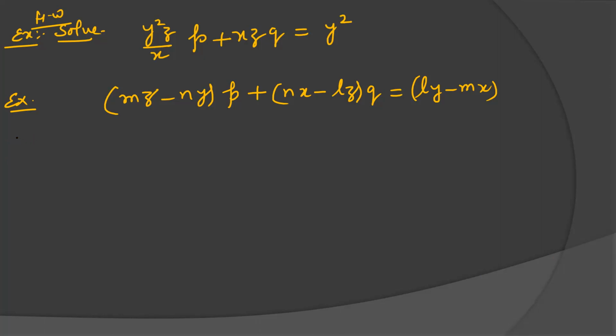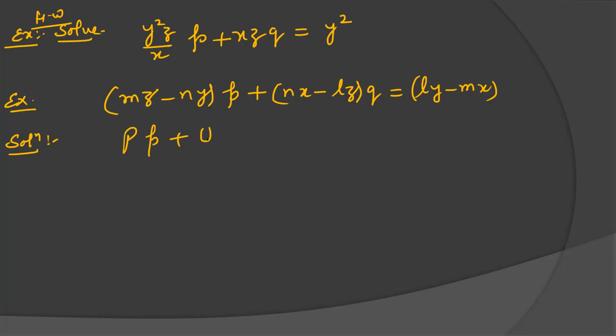Questions can be asked by giving constant values of l, m and n, for example l, m, n equal to 1, or 2, 3, 5. I will see that later. Let's see the solution of this problem.